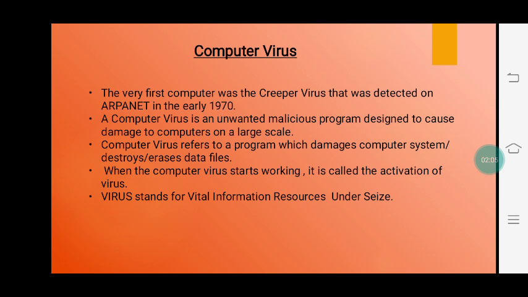As the human body gets infected through viruses, the computer can also get infected by program viruses. The way a virus spreads from one human to another, the computer virus also transmits from one computer to another by making its copy.